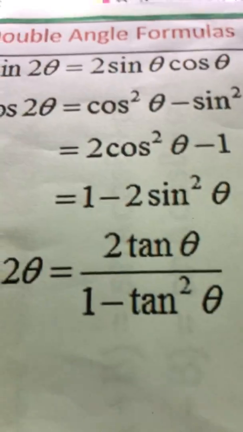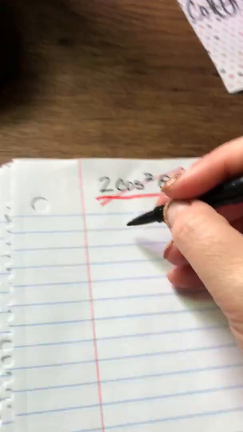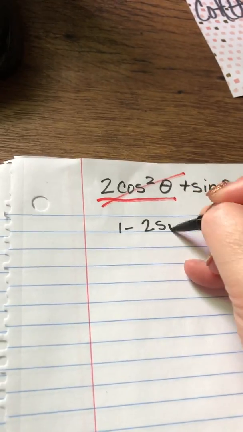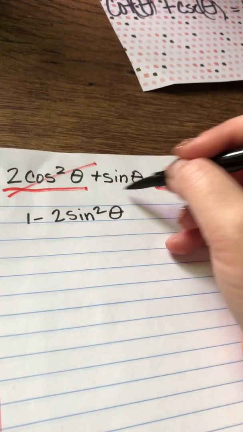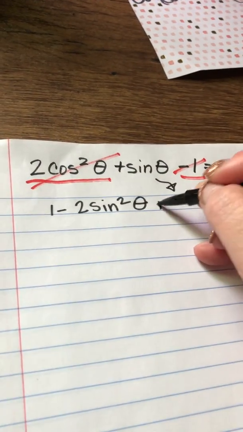So I'm going to take what I underlined and plug in 1 minus 2 sine squared theta. So no more of this. Instead, I'm going to plug in 1 minus 2 sine squared theta. Okay, and then I still have this plus sine.